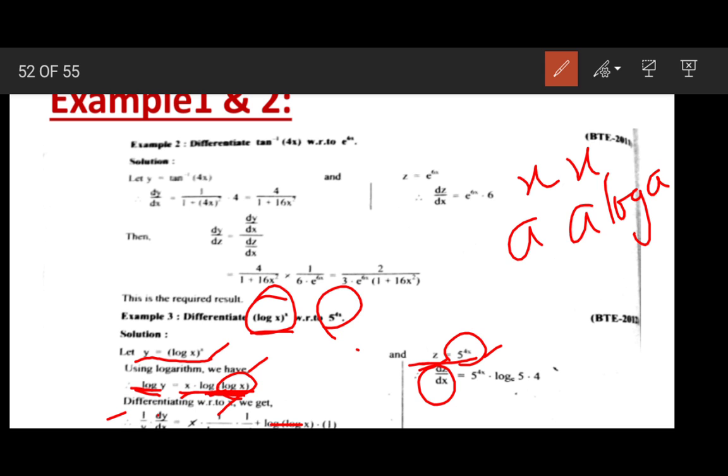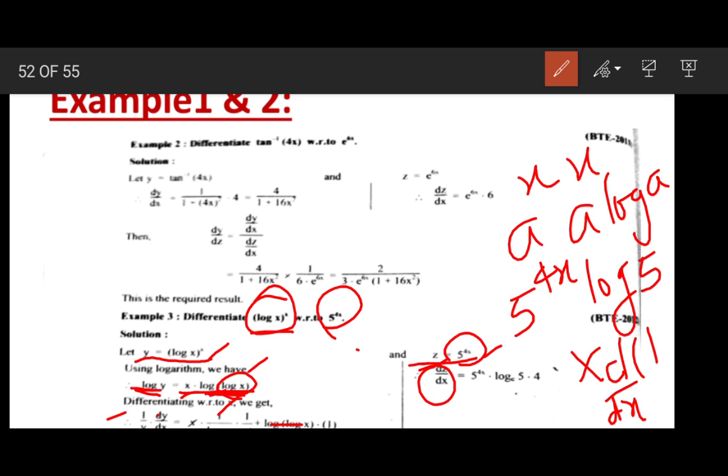So derivative of 5 raised to 4x will be 5 raised to 4x into log 5 into derivative of 4x, and derivative of 4x is 4. So finally we get 5 raised to 4x into log 5 into 4.